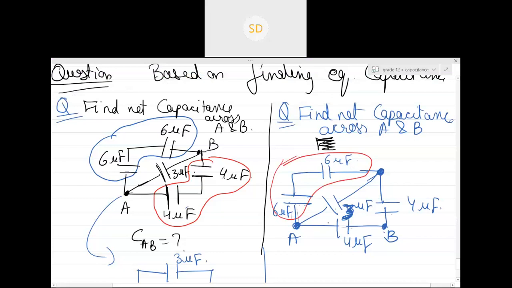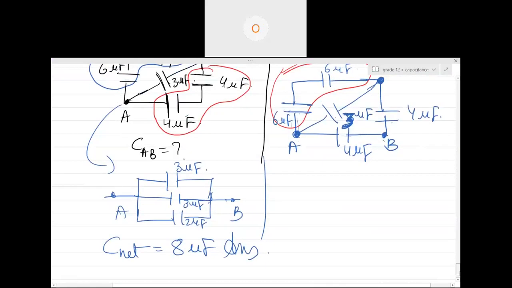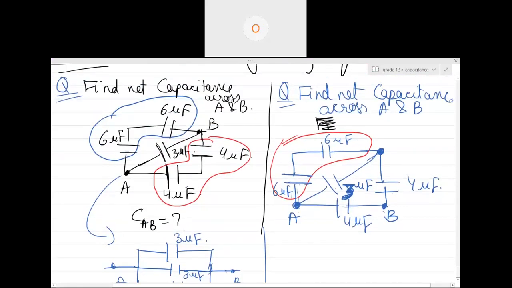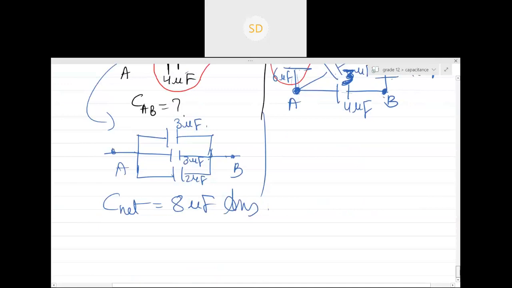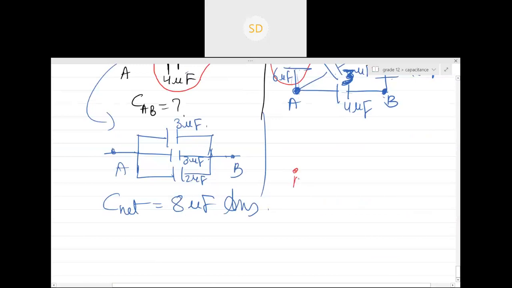Series. Guys, have you noted down the combination? So 6 and 6 will be in series. What will the circuit become? It will become something like this. A is over here, 4 microfarad over here, B is still over here, and this 3 microfarad still over here, and this was also 4 microfarad.